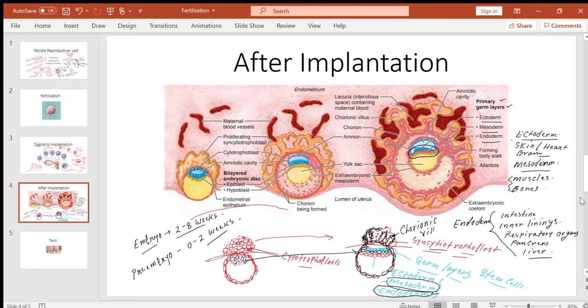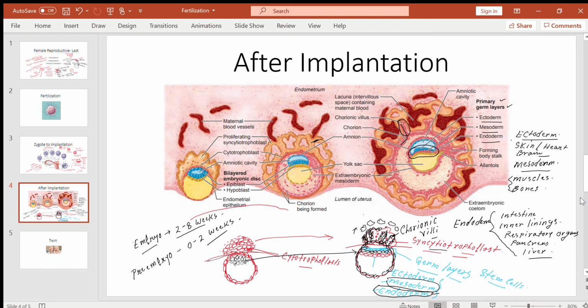Villi is plural and villus is singular. So the chorionic villus here. You see the cytotrophoblasts will go inside. This is syncytiotrophoblast here. Okay. Now the mother's blood is located just outside of this structure, because this part is the mother's body. Endometrium is the mother's body, and this is the embryo.